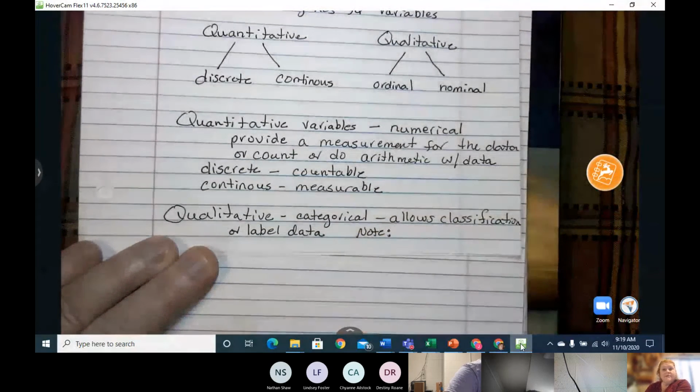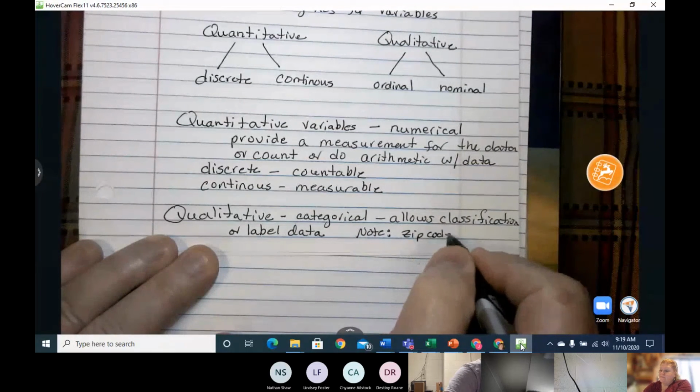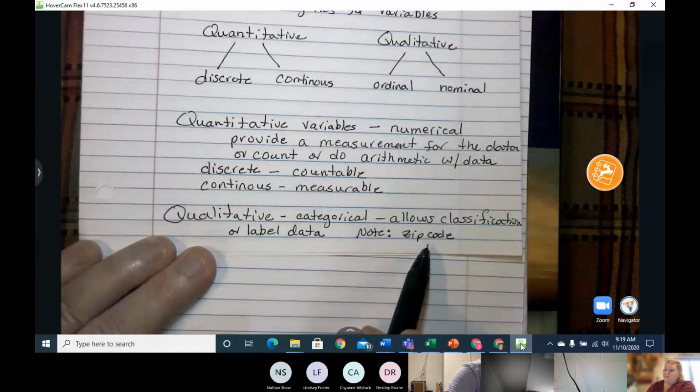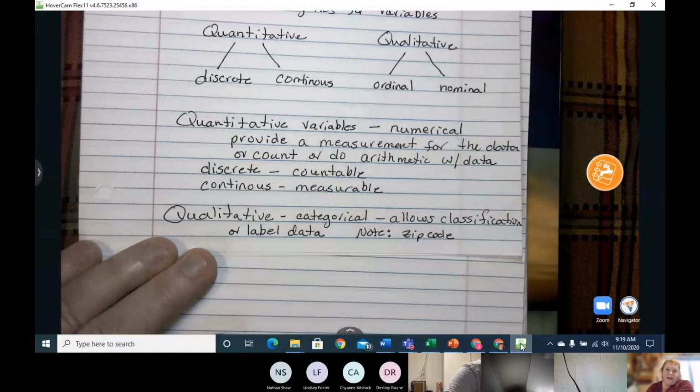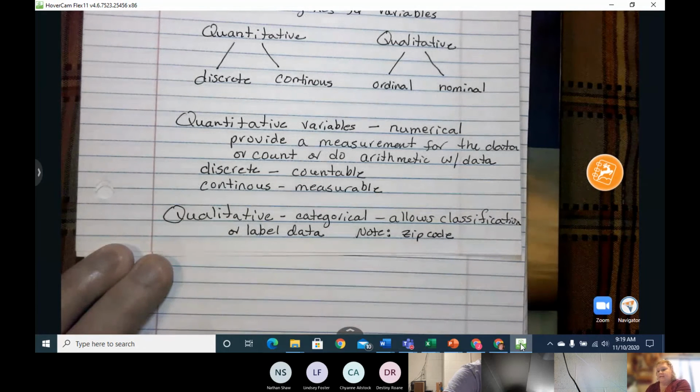Now, there are some exceptions here. Things like zip codes. A zip code is numeric, but it fits under the qualitative category because you really can't do arithmetic with zip codes. You can't add them, you can't subtract them. It classifies a region. So a zip code, even though it is numerical in nature, it is still a qualitative value.